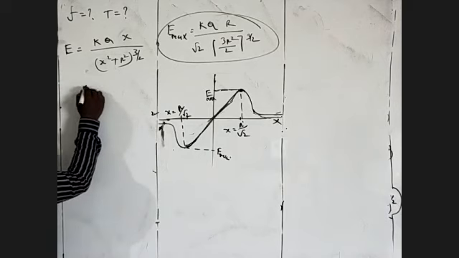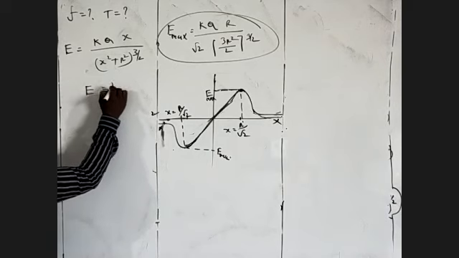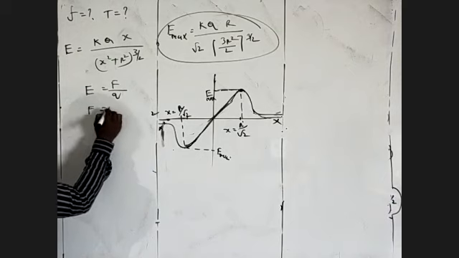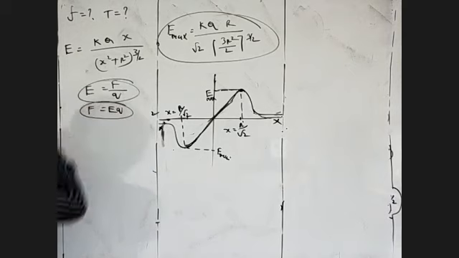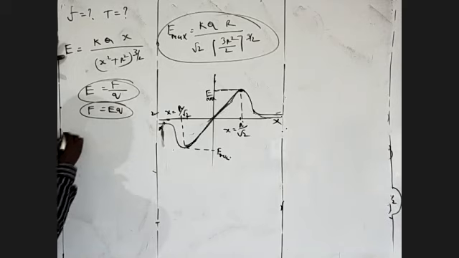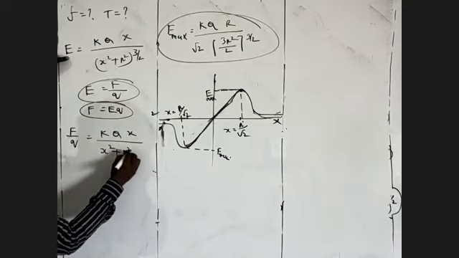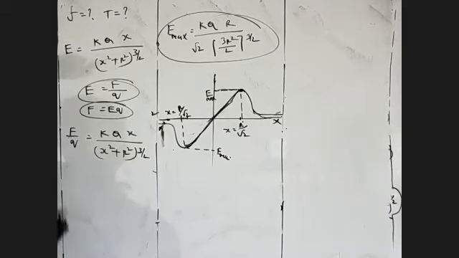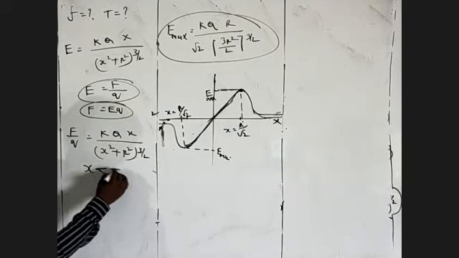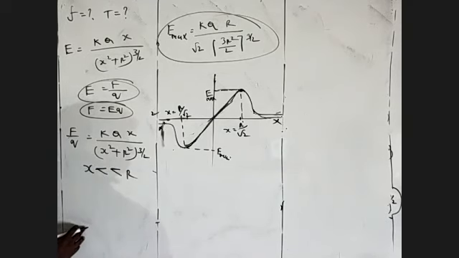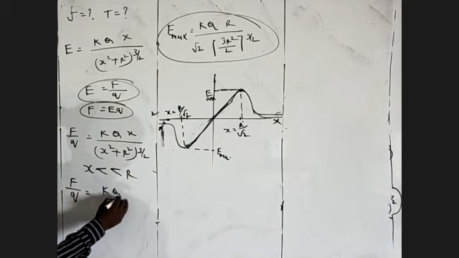How do we calculate frequency and time period? We know the intensity of electric field is equal to force by q. F is equal to Eq. E is equal to F by q is equal to KQx by (x square plus R square) whole power of 3 by 2. Now in this equation, x should be neglected inside the bracket.